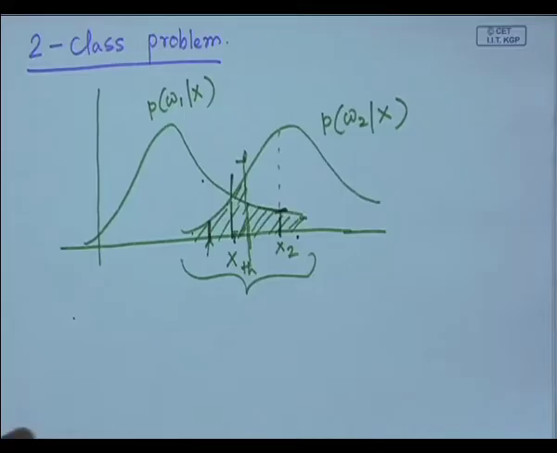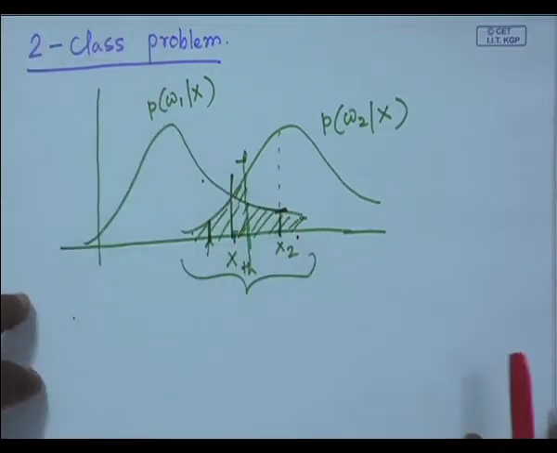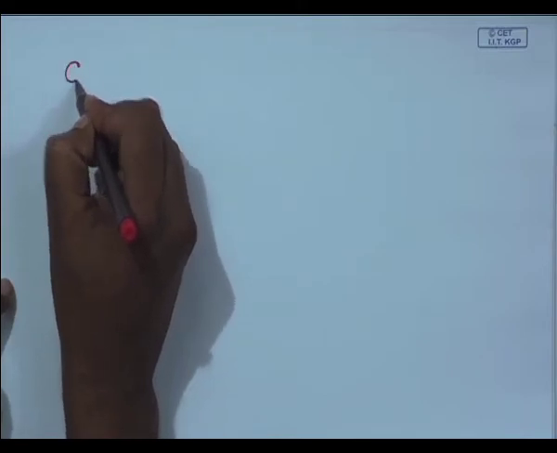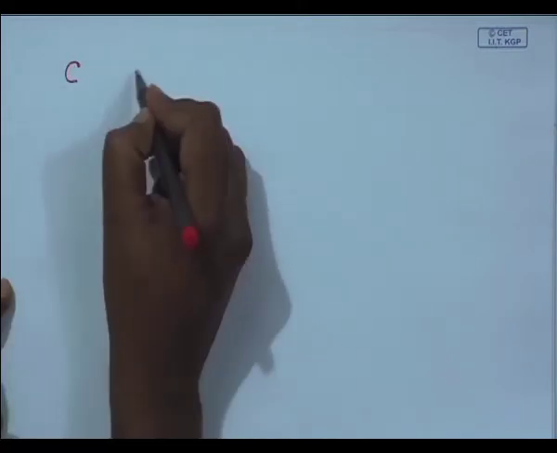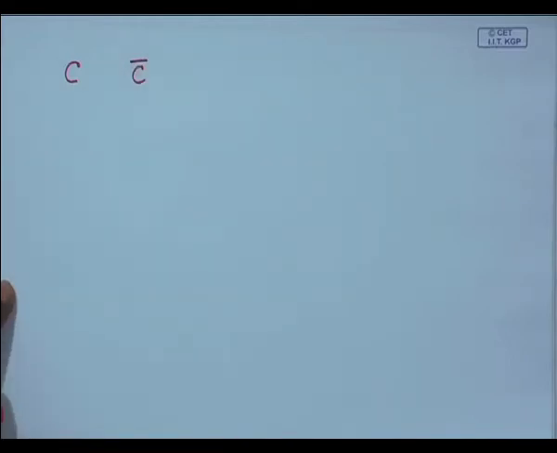A particular case of this: suppose we consider a two class problem where I am interested in the samples belonging to a class C and the samples which do not belong to class C. So, I represent them as C and C complement.